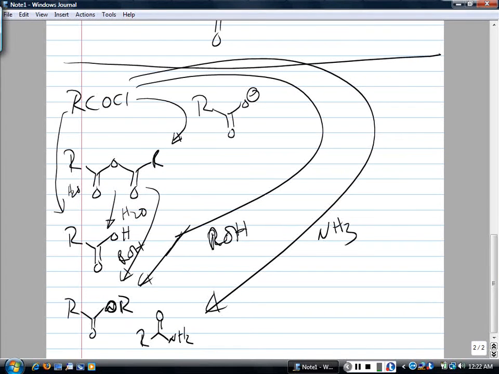So I can convert the acid into the ester with an alcohol. If I treat the acid with ammonia, I'm not going to get the amide, I'm going to get the salt, right? Because carboxylic acids tend to react by proton transfer, the fastest reaction. So if I treat the carboxylic acid with ammonia, I'll get the ammonium carboxylate.